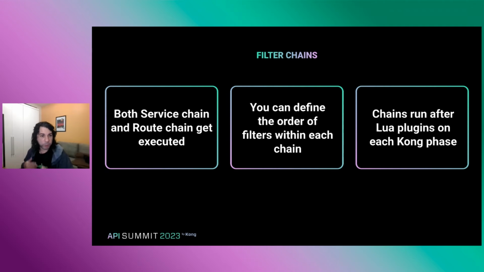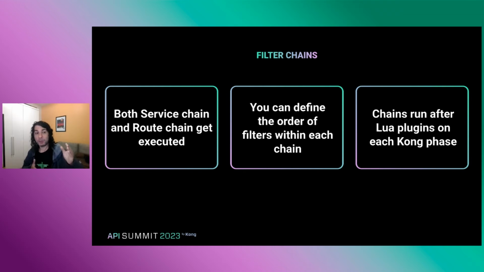So they don't have predefined priorities, if you're used to that from Lua plugins in Kong. Effectively, the list of filters that you put in your filter chain definition, in the order that you put them, is the order in which they will execute. You will get the order that you gave for all of the service filters, and following that, the order of the route filters.